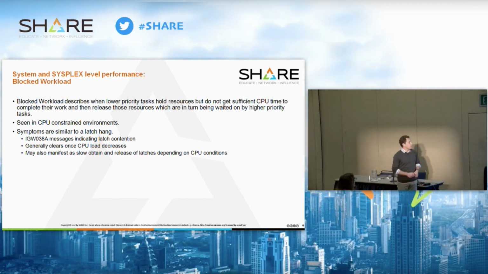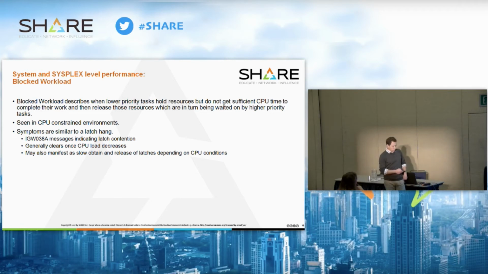However, there may be higher priority tasks that are waiting on that low priority task's resource. If those low priority tasks aren't getting enough CPU, they can't finish their work, and they can't release that resource, we can have high priority workload that's stacked up behind it that may never move along or may move along very slowly as CPU trickles in.